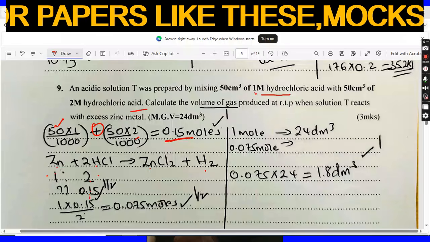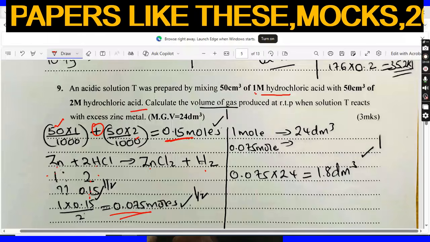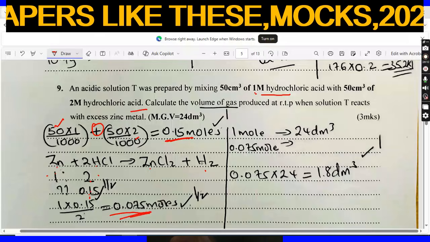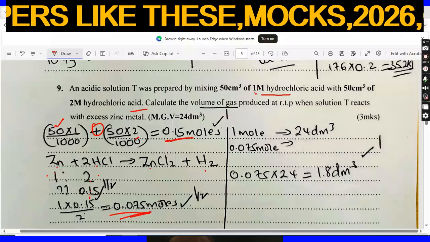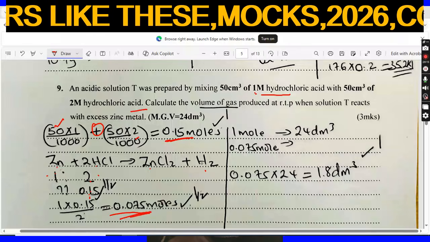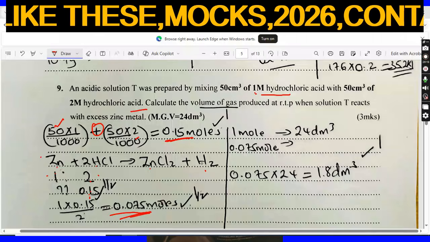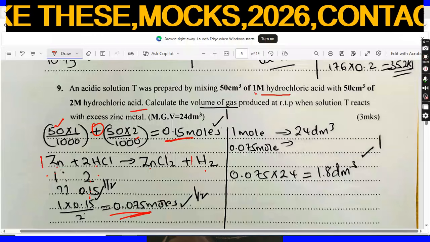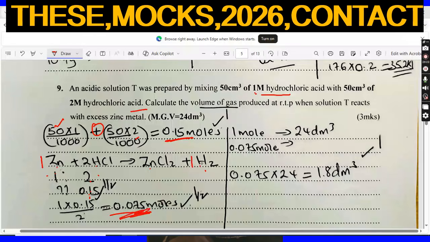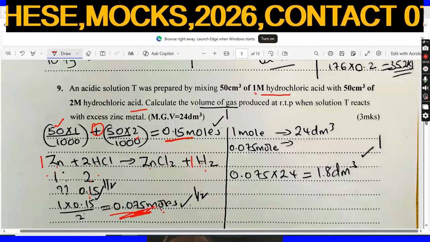A half of these moles will be the moles of zinc. This is the moles of zinc, which is 1, so the moles of hydrogen is also 1. Therefore, this is the number of moles of hydrogen as well.